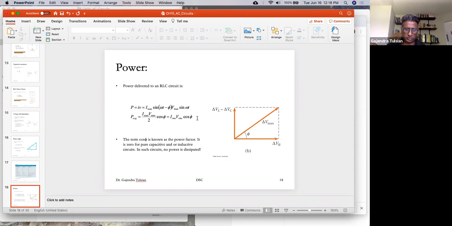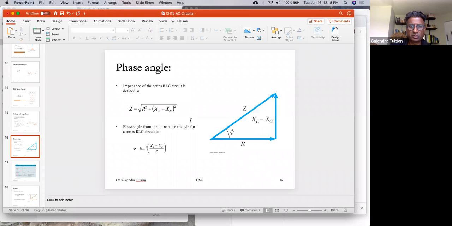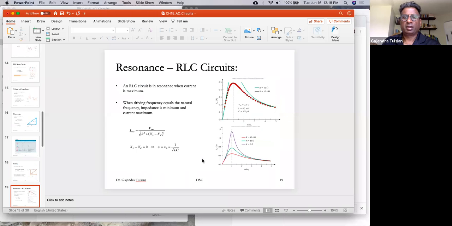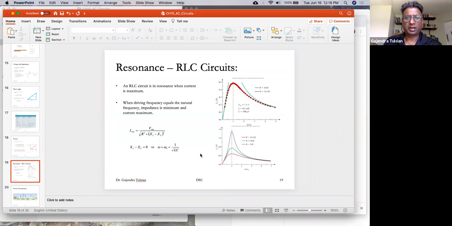For phi to be 0, XL has to equal XC. We saw that for a series RLC circuit, resonance happened when XL was equal to XC, so Z was minimum and current was maximum when XL minus XC is 0, and that happens at this frequency.